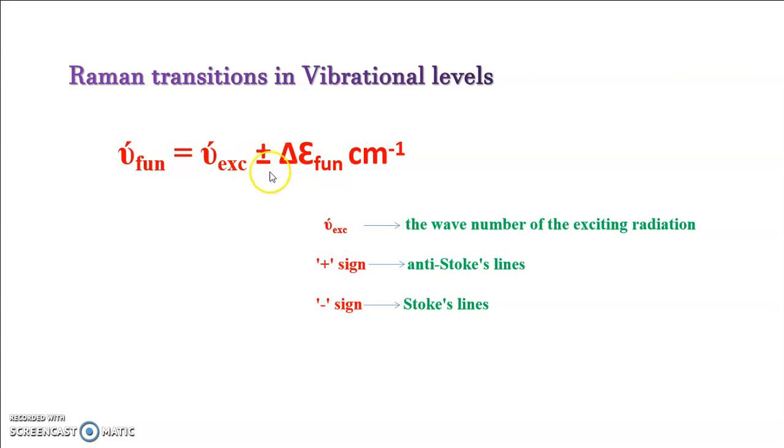The plus sign refers to anti-Stokes lines, which means that the molecule is already in the upper vibrational level, so it may give energy to the radiation, and the frequency of the radiation will be increased from the exciting radiation.